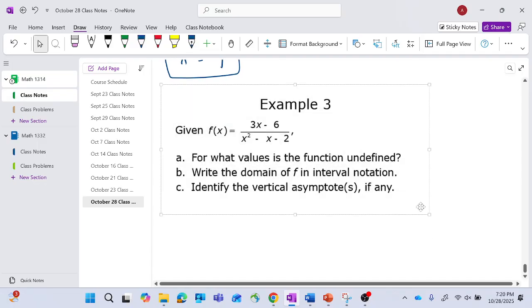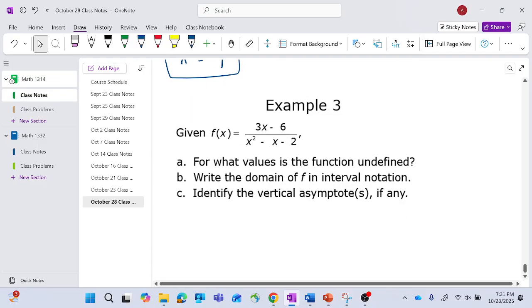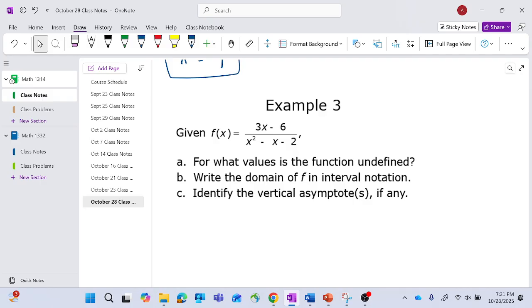So now, for this example, I want to figure out for what values the function is undefined, write the domain of f in interval notation, and identify the vertical asymptotes. For this one, just factor it out like normal. Before you do anything with rational functions, you always want it factored. So I'm going to factor the top and the bottom.